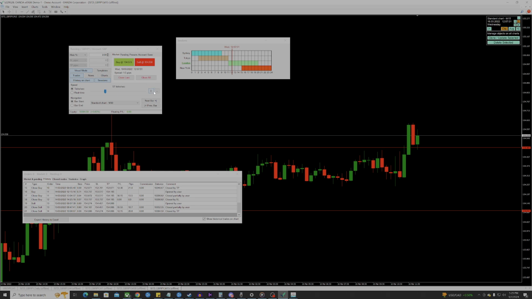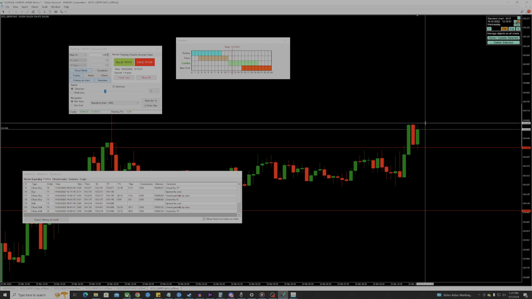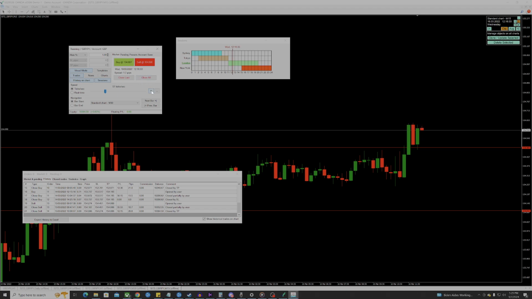If it closes, we'll do 1 for now. But if it closes below this, then we'll go 2%. But if it goes ahead and breaks it, all right. So since it closed bullish here, I'm definitely going 2%, because let me show you what that means. This is break and retest, okay?